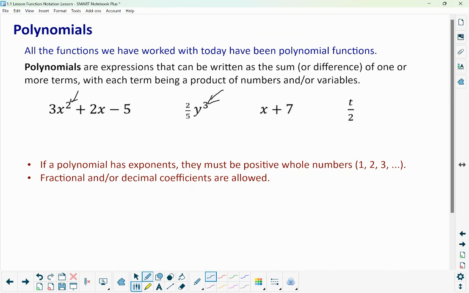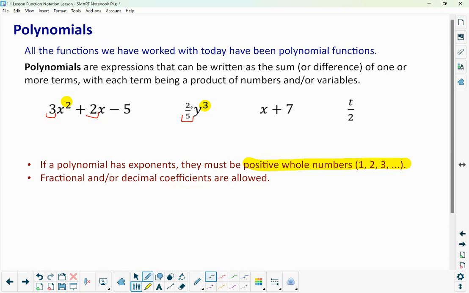If a polynomial has an exponent, it has to be a positive whole number, like 2 or 3. If a polynomial has coefficients on the variables, here's a coefficient, those coefficients can be fractions, they can be decimals, that's fine. The powers have to be whole numbers, but the coefficients can be really any type of number.